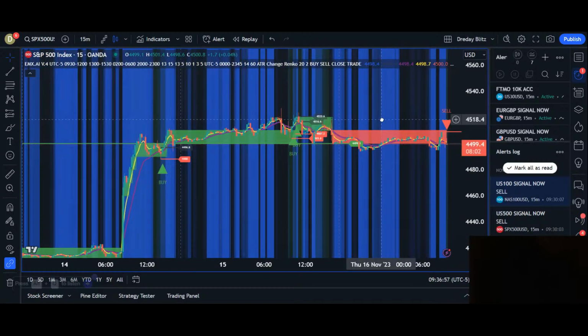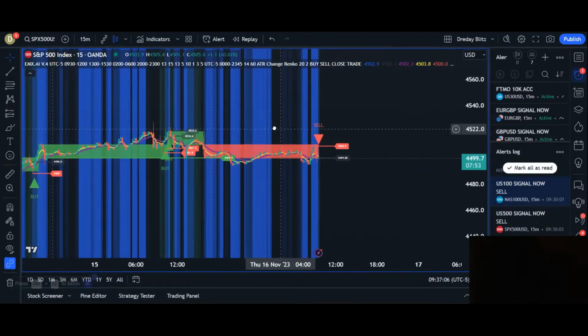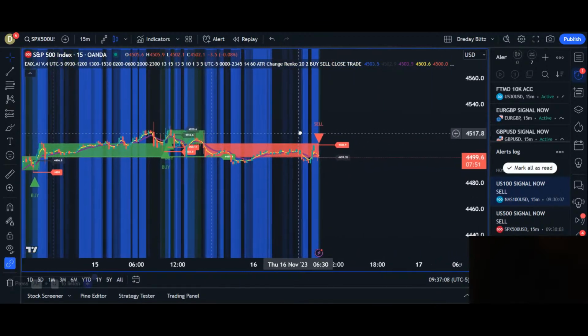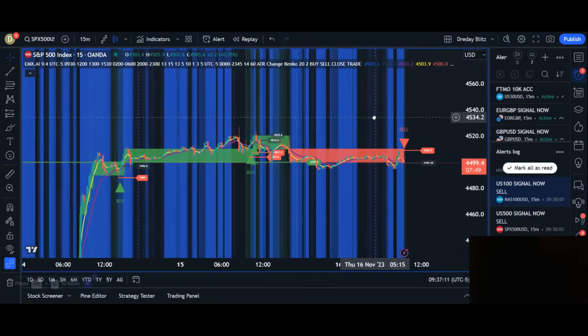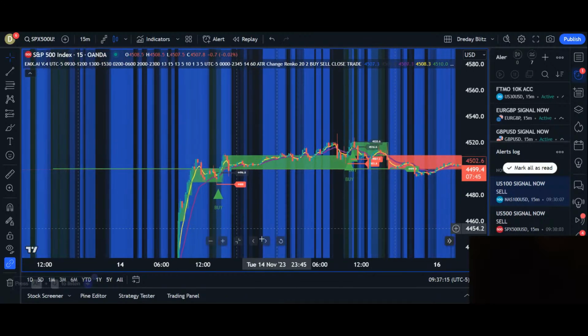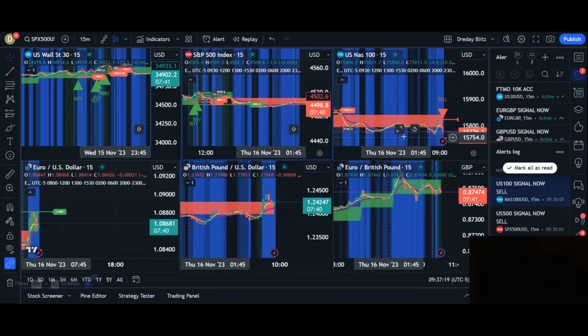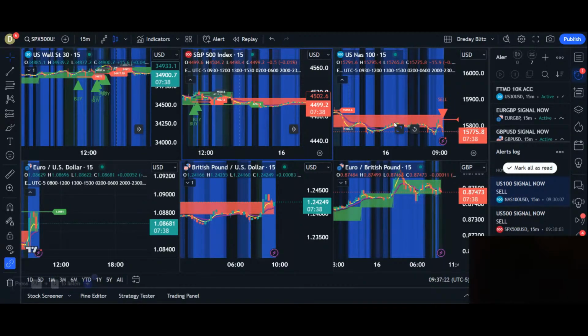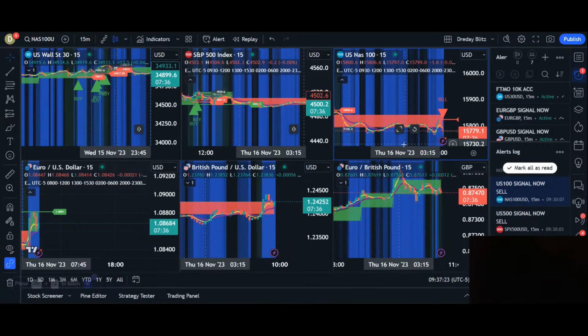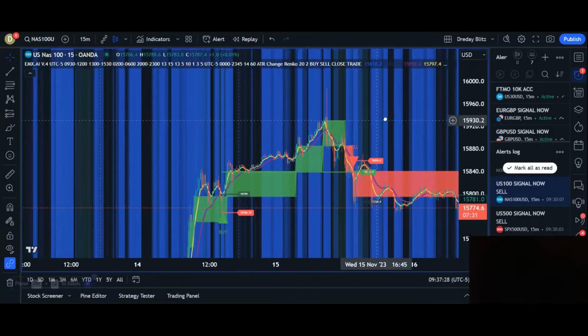It's been bearish since yesterday afternoon, so I'm expecting US 30 to do the same, or to just continue on, because most of the time US 30, S&P 500, and Nasdaq are moving in the same direction, as I already talked about during the week.